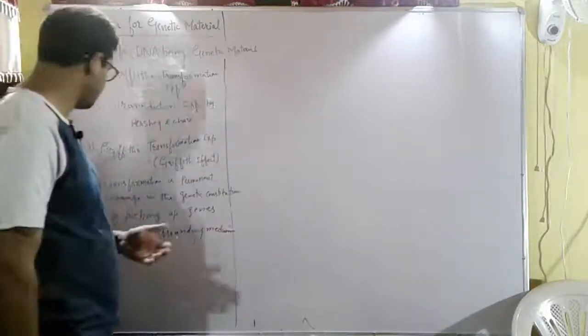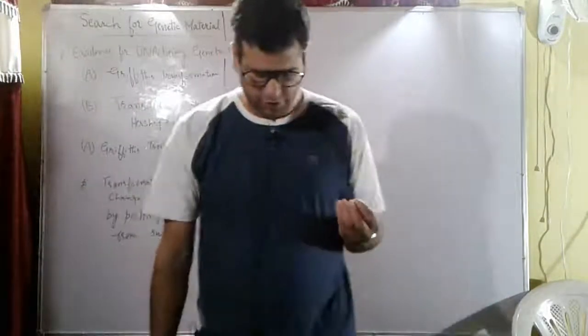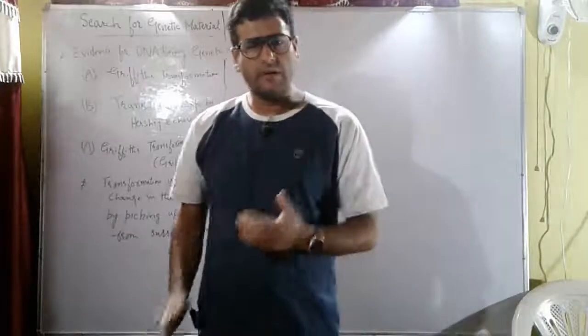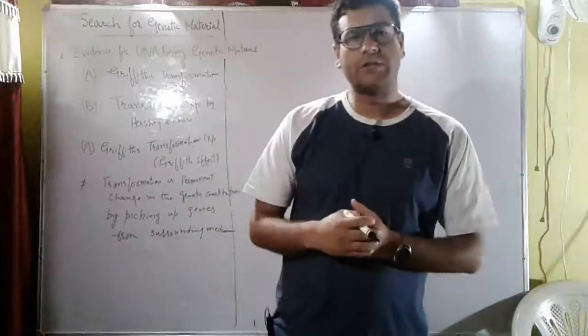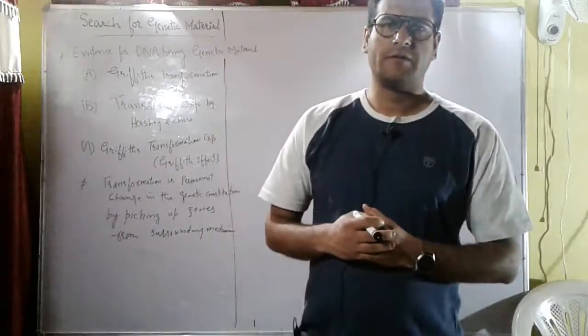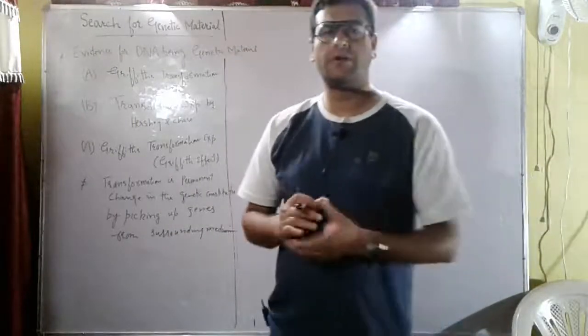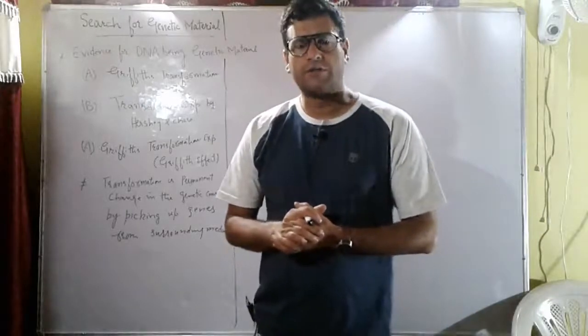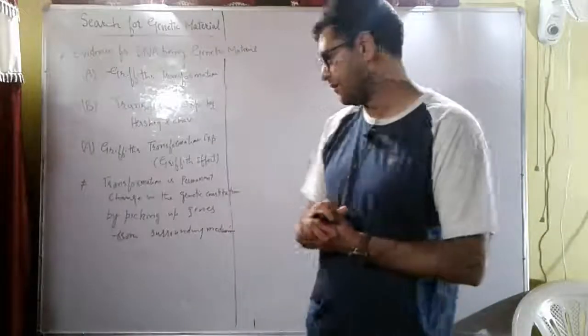So this is a concise definition of transformation. Transformation is the permanent change in the genetic constitution of an organism when that organism picks up the foreign genes present in the surrounding environment.